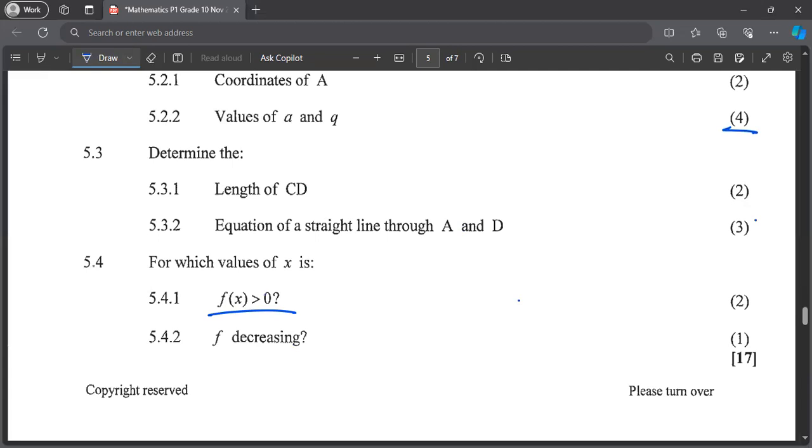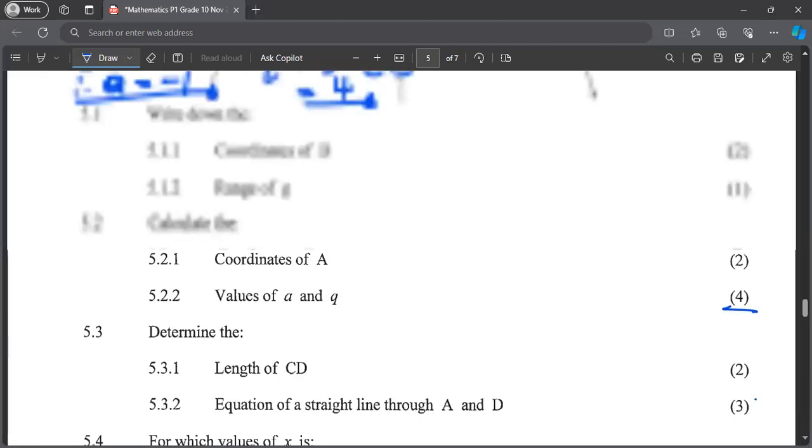So we are looking for the values of x that will make sure that the y values on the function of f are positive. And where the y values are positive, it's where the function is above the x-axis. Do you see that? It's not bad. So let's go and identify that.